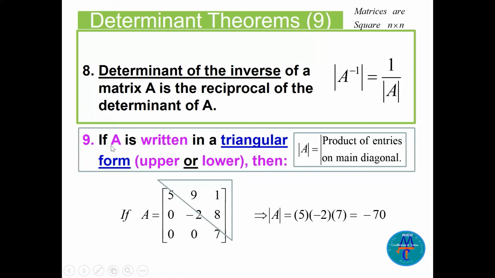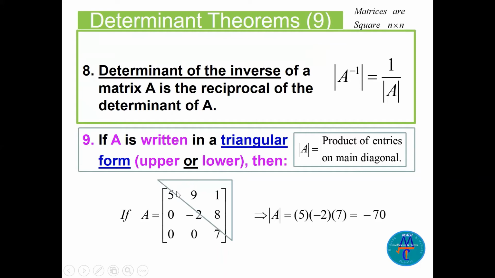This is the most important. If A is written in a triangular form, upper or lower, then the determinant of A will be the product of entries on the main diagonal. This is so nice.